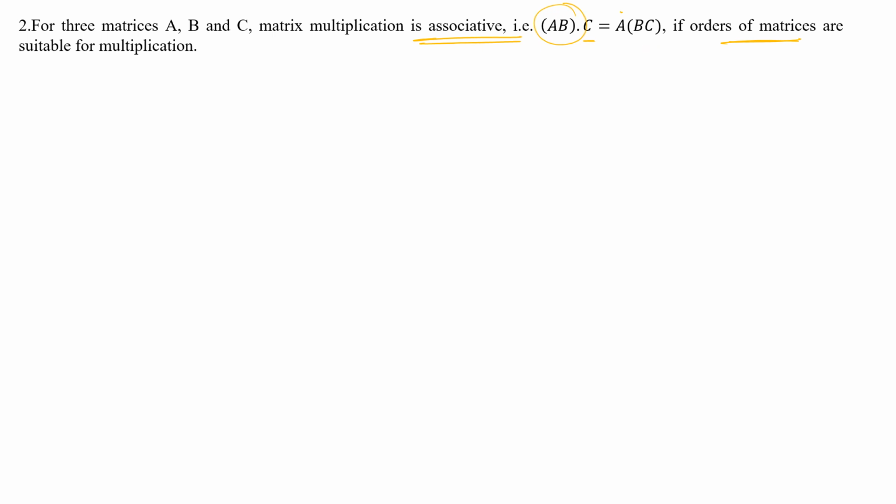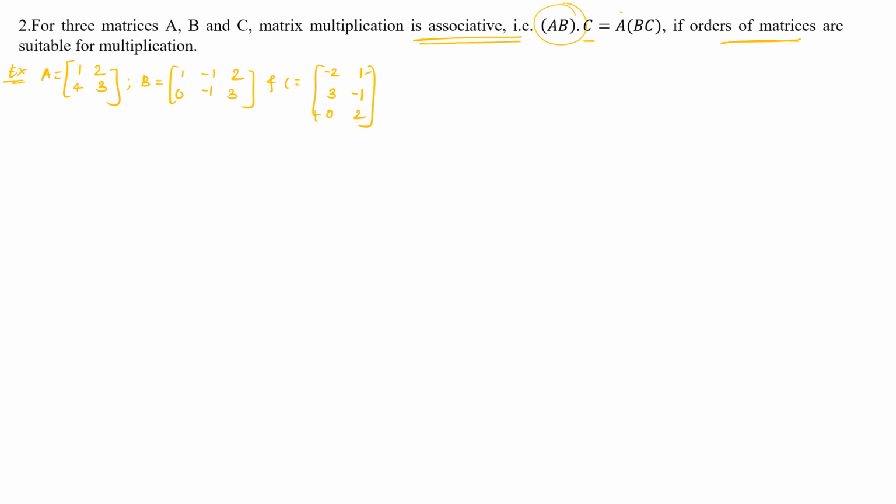Let's do an example. Suppose we are given matrices. A is a matrix 1 2 4 3. B is a matrix 1 minus 1 2 0 minus 1 3, and C is a matrix minus 2 1 3 minus 1 0 2.